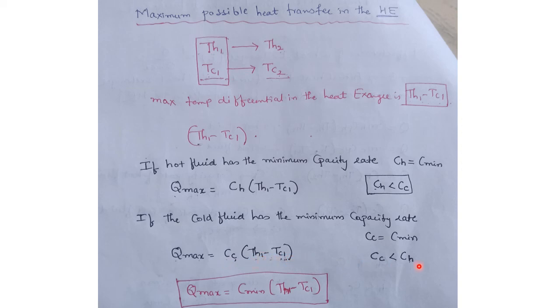Here, if the value of CH is greater than CC, then the capacity rate of the cold fluid, CC, becomes the minimum, and CH becomes the maximum. So Q maximum, the maximum possible heat transfer in the heat exchanger, is given by CC in the bracket TH1 minus TC1 if the cold fluid has the minimum capacity rate. If the hot fluid has the minimum capacity rate, then Q maximum is given by CH in the bracket TH1 minus TC1. I hope you have understood it.